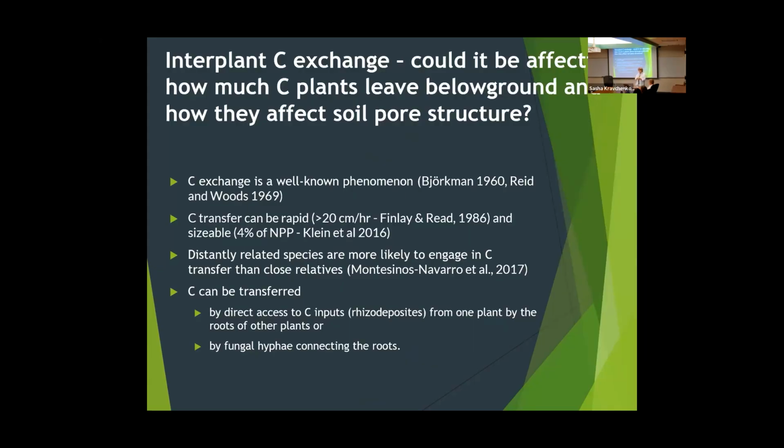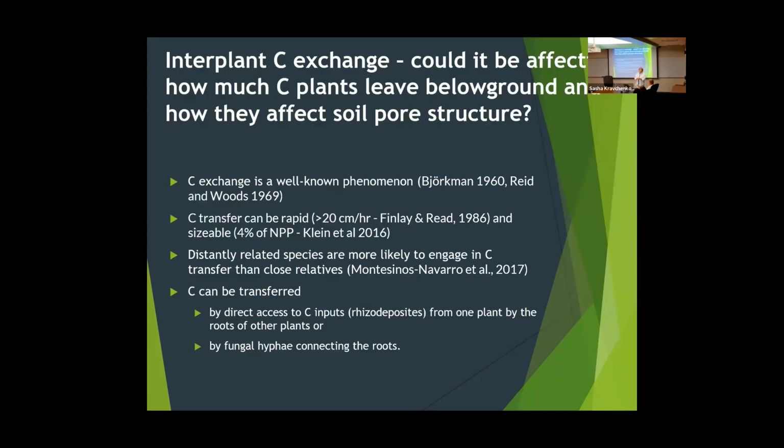Interplant carbon exchange, or interplant carbon transfer, is when carbon that is photosynthetically procured by one plant somehow, through some below ground mechanisms, ends up being part of the body of a neighboring plant. So one plant gives its carbon away to a different plant.